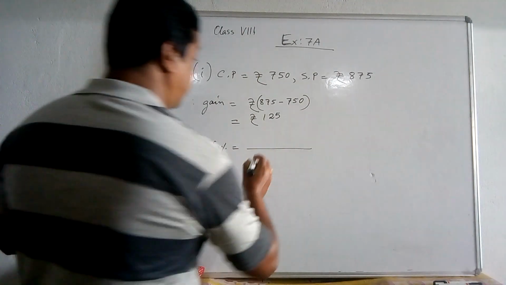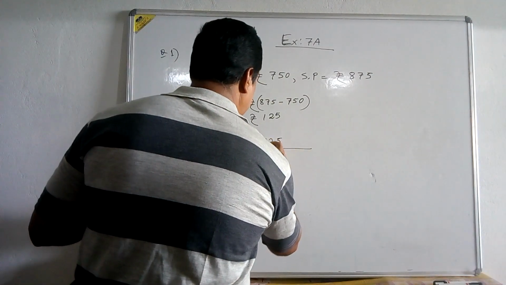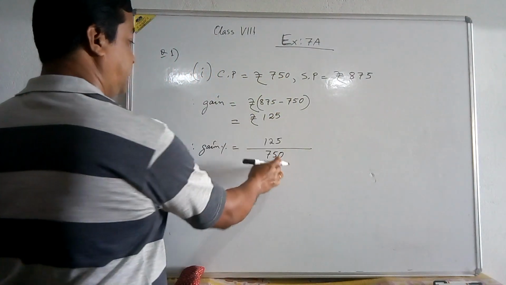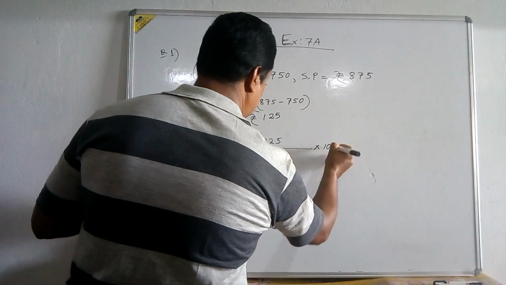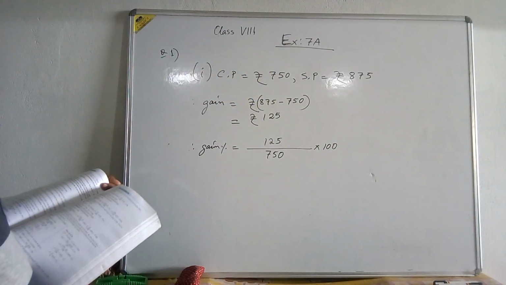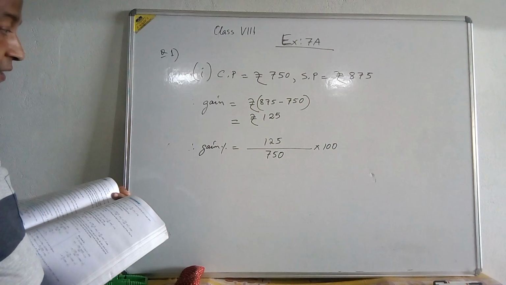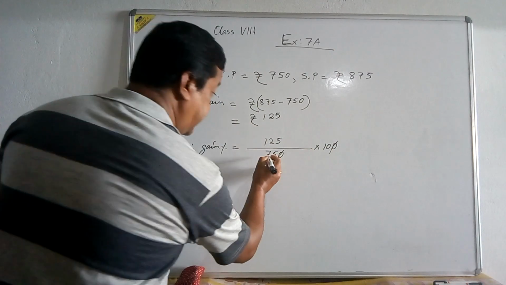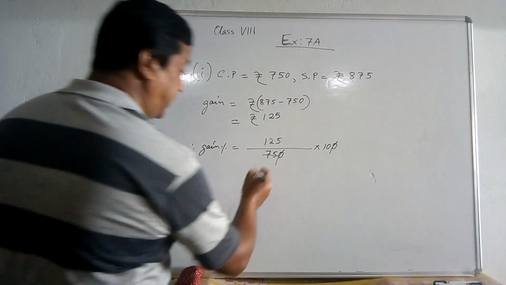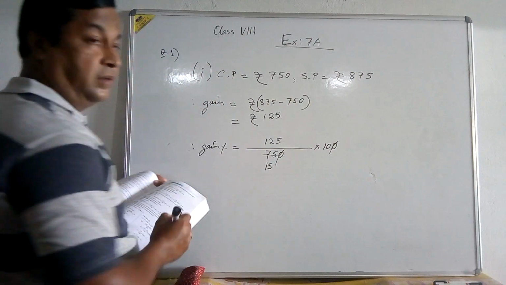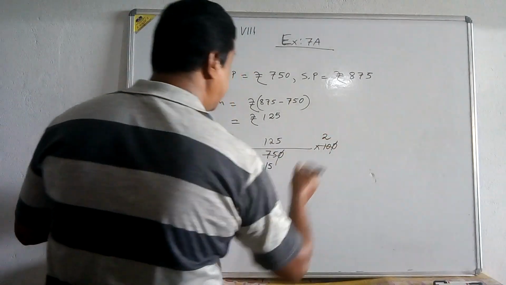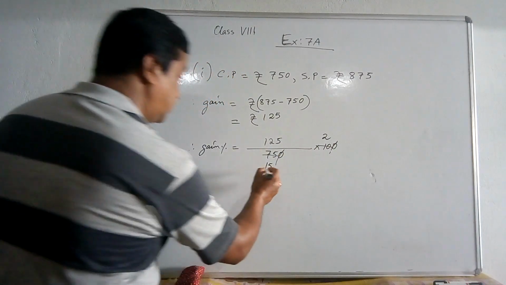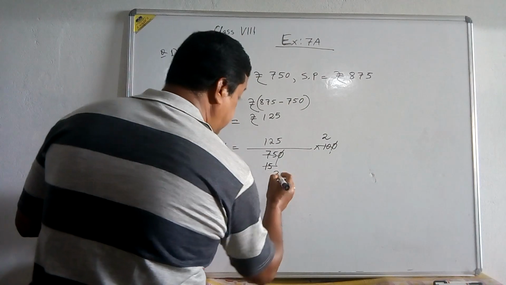So gain by CP: 125 by 750. What is the CP? 750. So gain by CP into 100. Now we can cancel the 100 with the 750, cutting the zeros. Then divide by 5: you get 15 and 2. Again divide this by 5, you get 3 here.